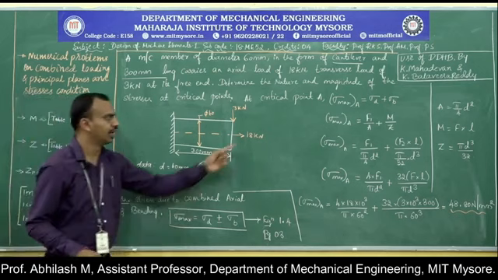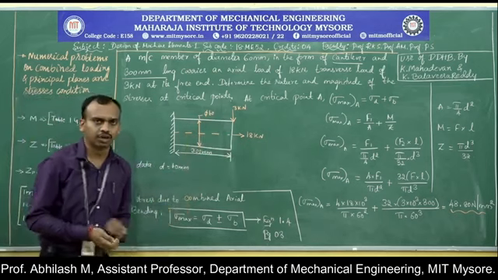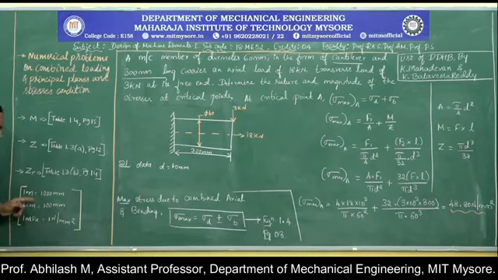If it is a load it will be in terms of Newton. We know the conversion for a meter, it will be 1000 millimeter. For a centimeter it will be 10 millimeter, and if in the given problem the stresses are in terms of megapascal, ensure that it has been converted to Newton per millimeter square. We know that 1 megapascal will be equal to 1 Newton per millimeter square.